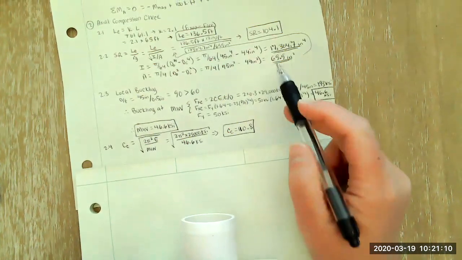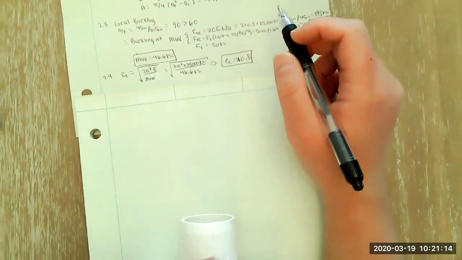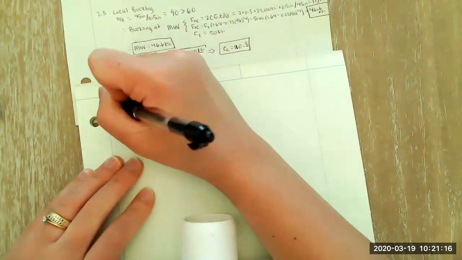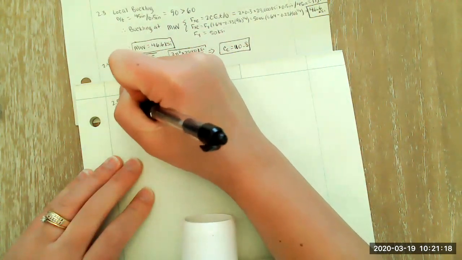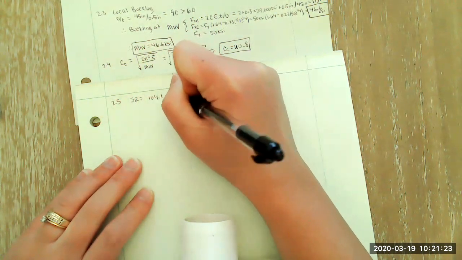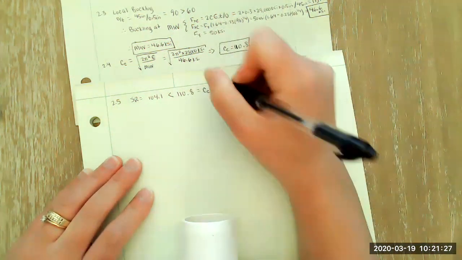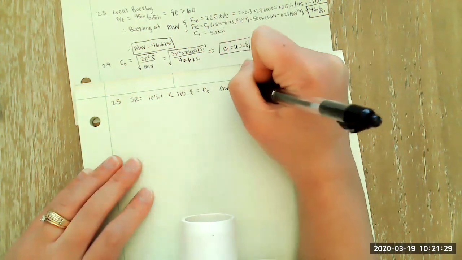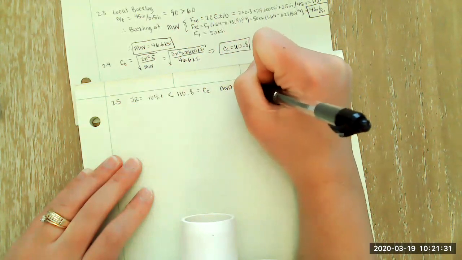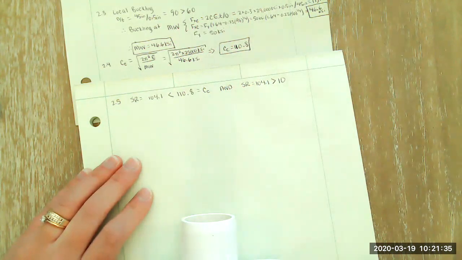I'll zoom up. We have our slenderness ratio is 104.1. So we have step 2.5, SR equals 104.1, which is less than 110.8, our critical slenderness ratio. And we also have our slenderness ratio of 104.1, which is greater than 10.